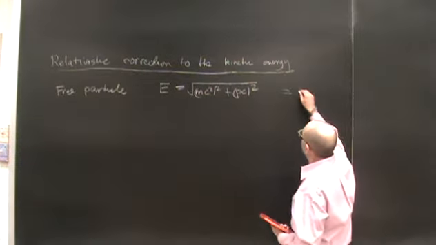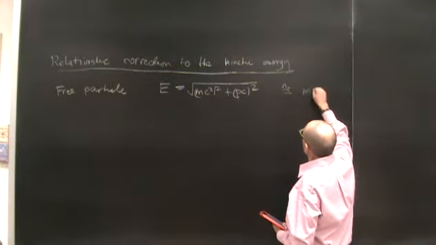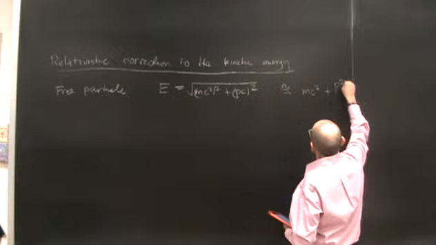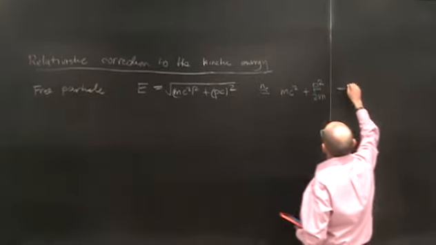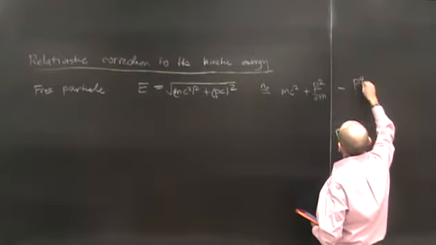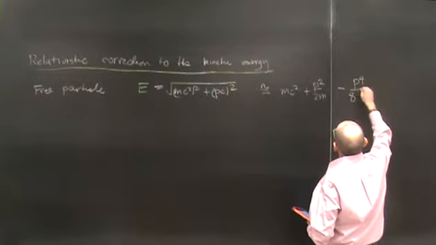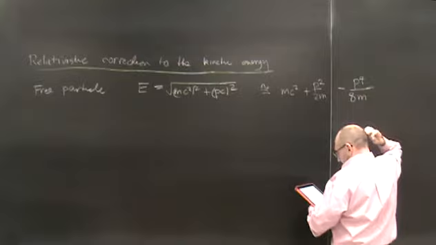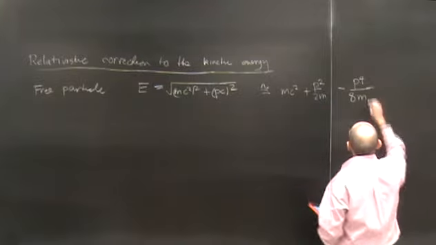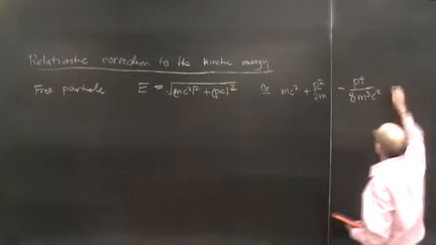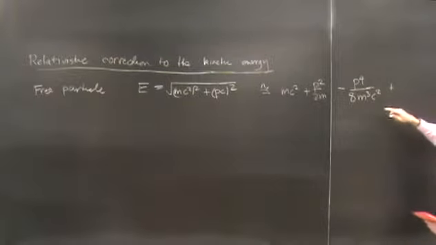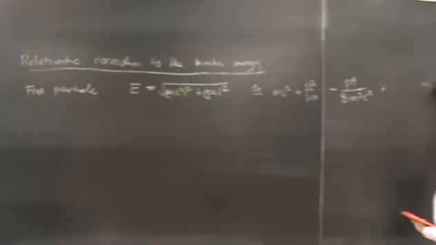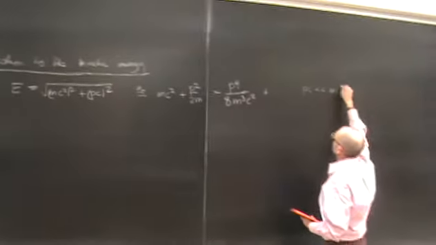And that is equal approximately to mc squared plus p squared over 2m minus p to the 4th over 8 m cubed c squared plus dot dot dot, when pc is much, much less than the rest mass energy.